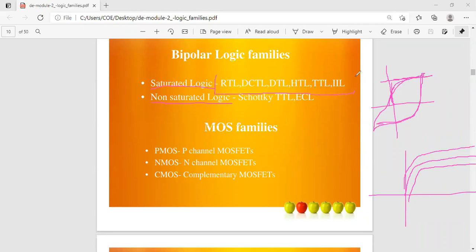So இதெல்லாம் நம்ம பார்க்க போறோம். என்ன லாஜிக், எல்லா லாஜிக்குமே இதுல வந்துருச்சு. RTL லாஜிக், DCTL லாஜிக், DTL, HTL, TTL, I2L எல்லாமே இதுல இருக்குங்க சார். Okay, and then non-saturated, that means Schottky diode அப்படின்னு ஒன்று எலக்ட்ரானிக் சர்க்யூட்ஸ்ல படிச்சிருப்பீங்க சார். So this is a Schottky diode, ordinary diode இல்லாம இந்த மாதிரி ஒரு diode, சரியா?